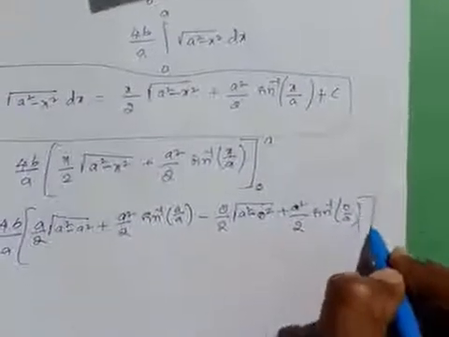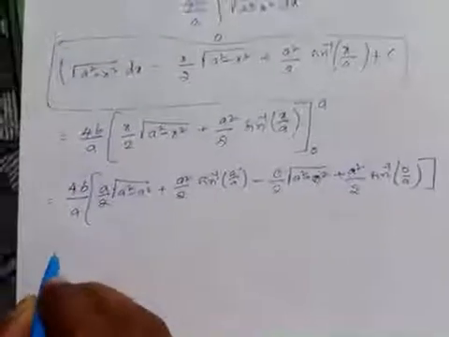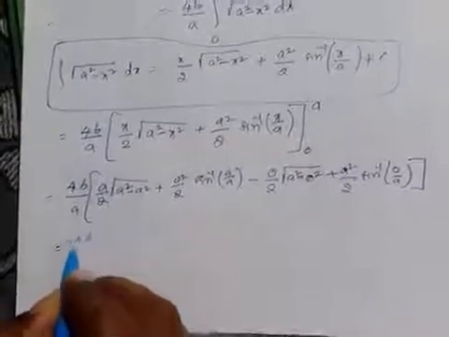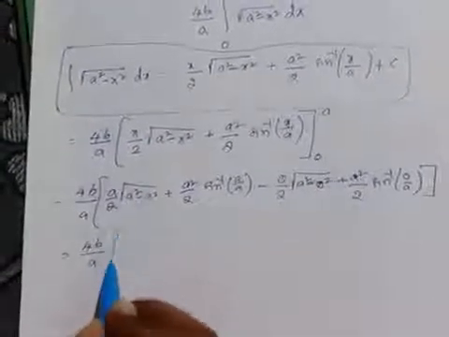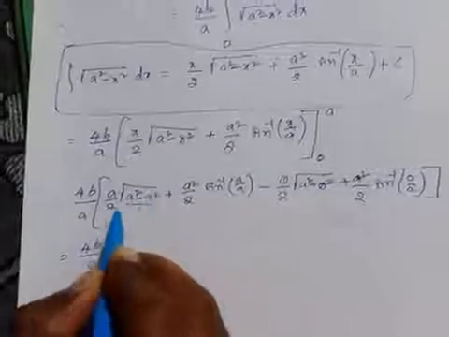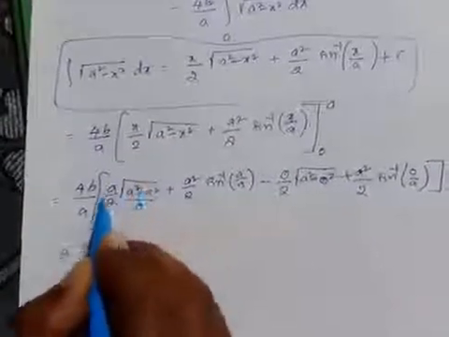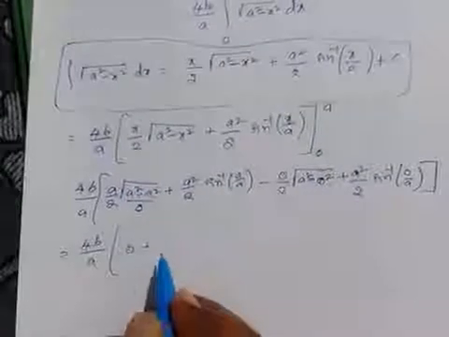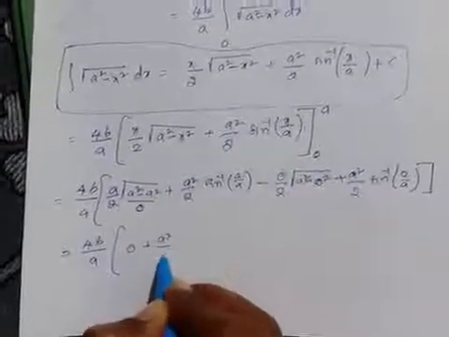That is equal to 4b by a whole into, see here, a square minus a square, this is 0. 0 into anything, this total is 0. 0 plus a square by 2.